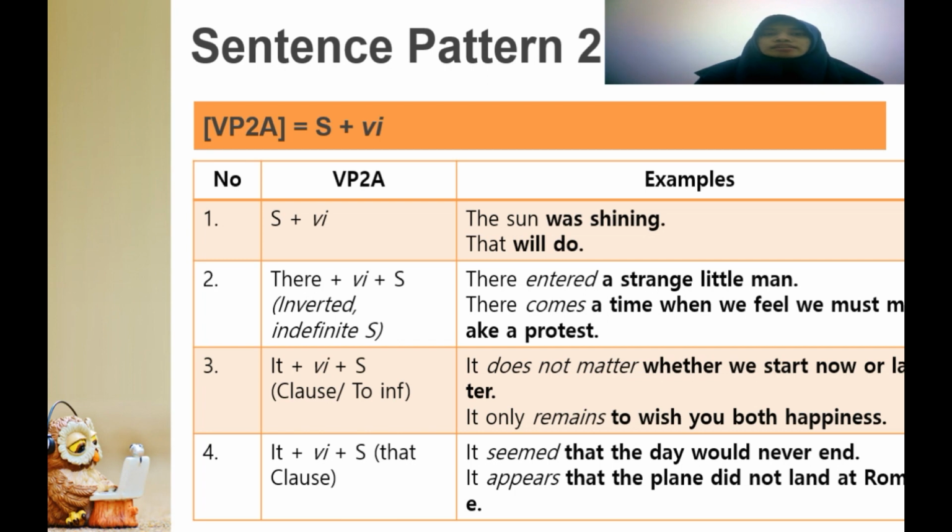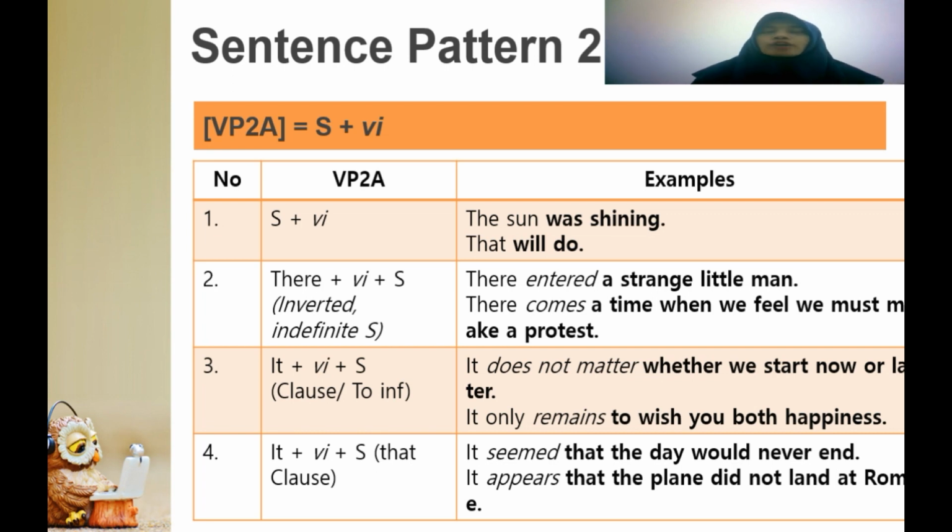shows the intransitive verb. The second one, we have there again, and then verb intransitive, and then subject. Usually the subject here is an indefinite subject, and it requires the subject and the verb to be inverted. Inverted means changing the position. So if generally we have the subject and verb, then in this case we have to reverse the arrangement.